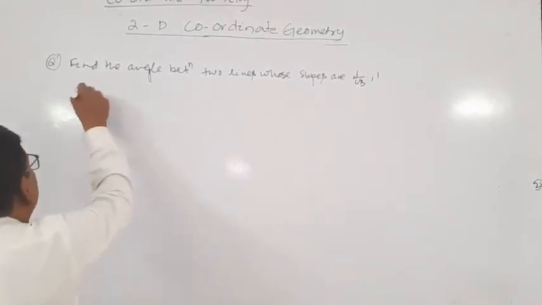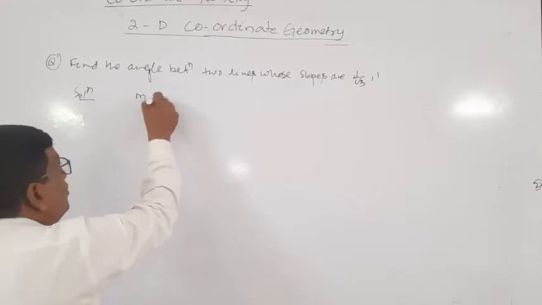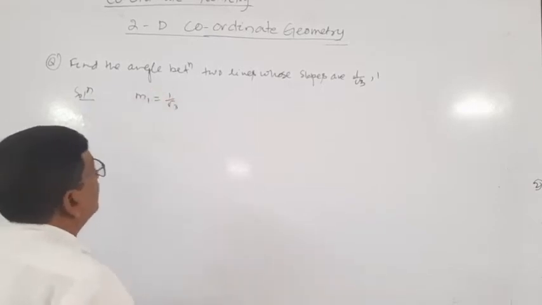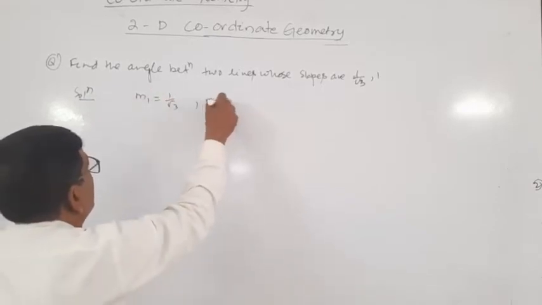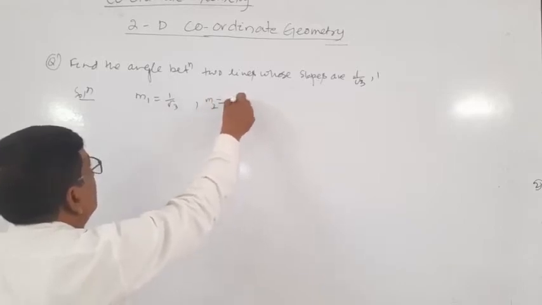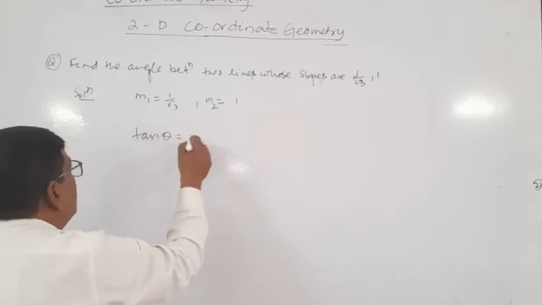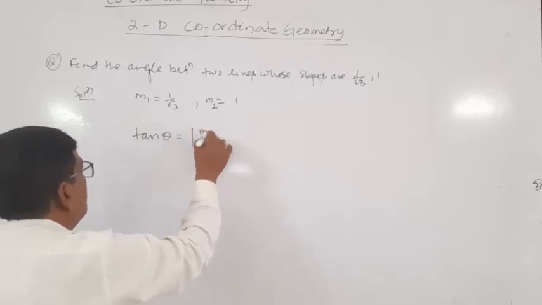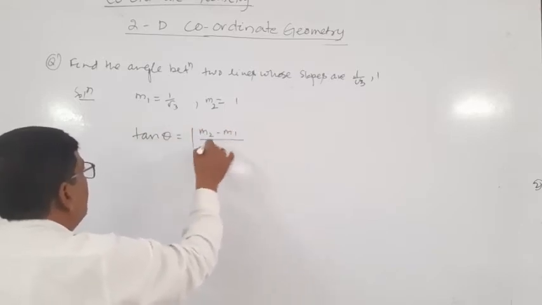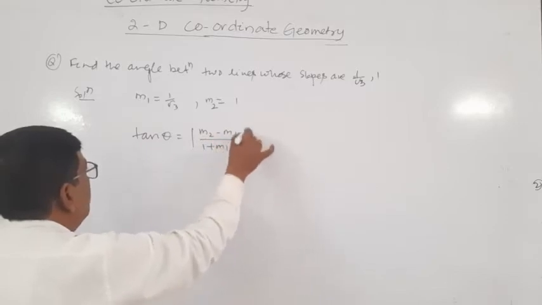Solution. m1 is equal to 1 by root 3, m2 is equal to 1. Now tan theta is equal to mod of (m2 minus m1) divided by (1 plus m1 into m2).